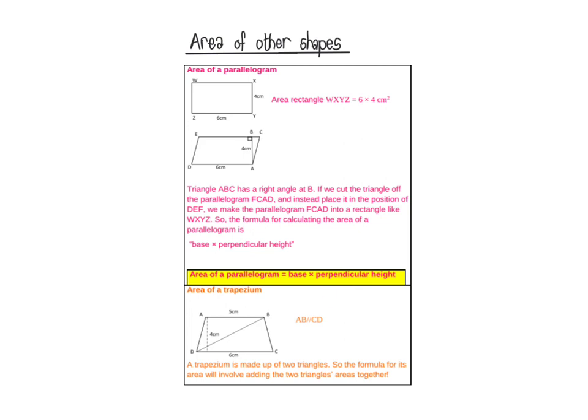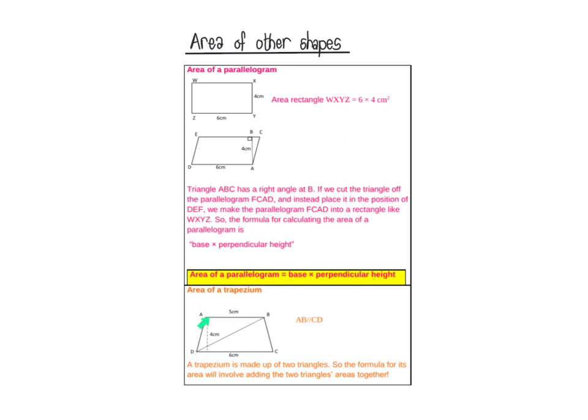So the area of a trapezium is a bit more complicated, but not that difficult really. It's made up of two triangles, and we know how to relate triangles to rectangles already, so it's really not a problem. The formula for its area will involve adding the two triangles' areas together. You can see here it's been divided into two triangles. This one is an obtuse angle triangle, and so remember there's your perpendicular height.